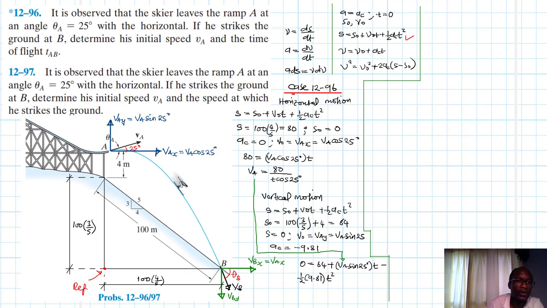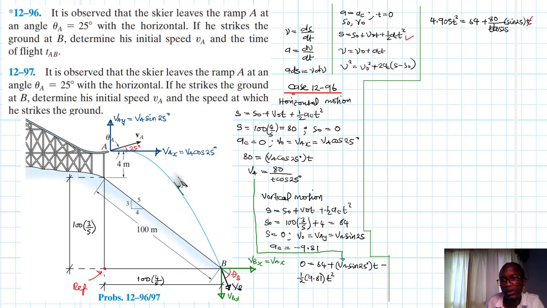Okay, so writing this, we can have 4.905 t squared equal to 64 plus 80 divided by t cos 25, and then we have sine 25 times t, right?